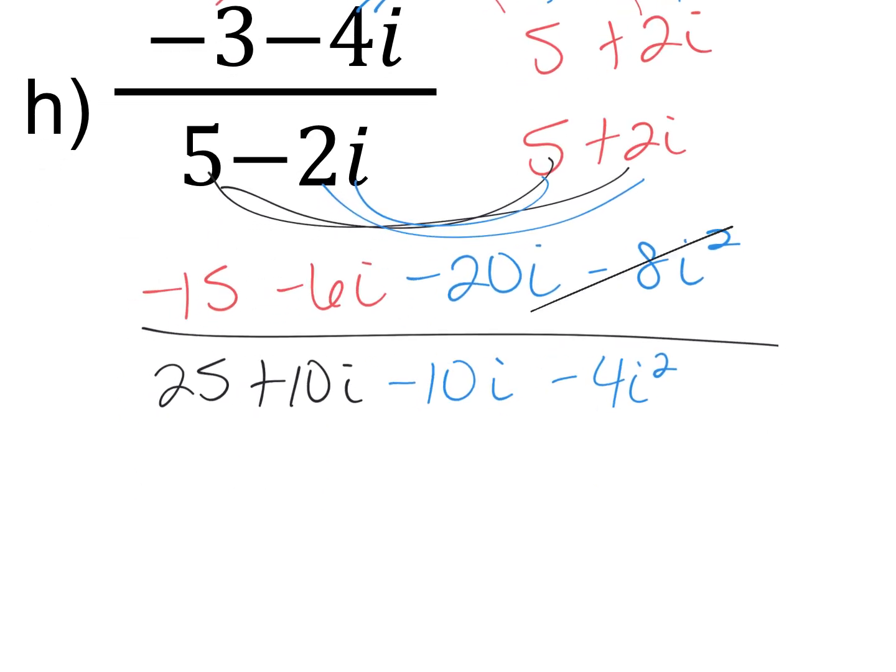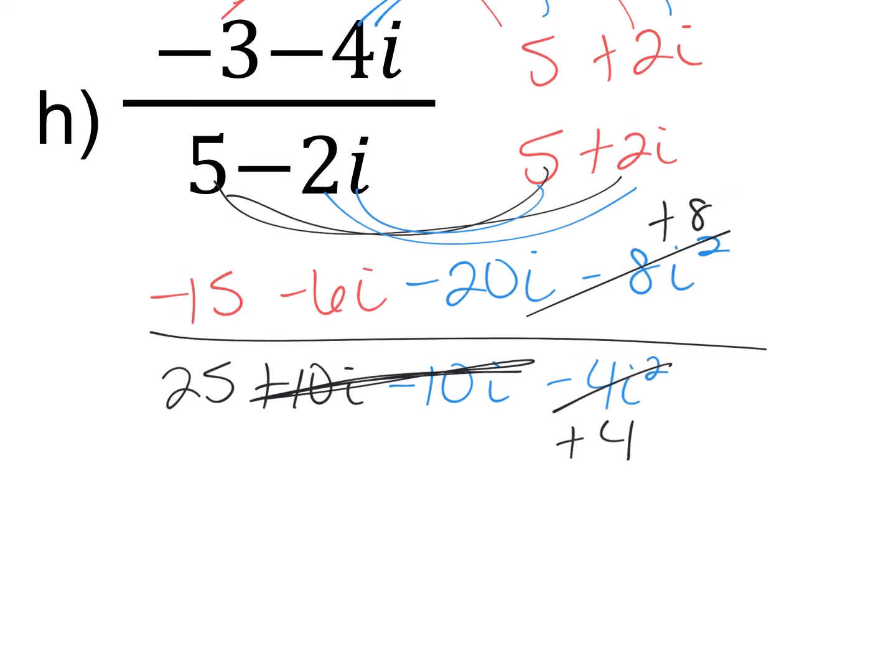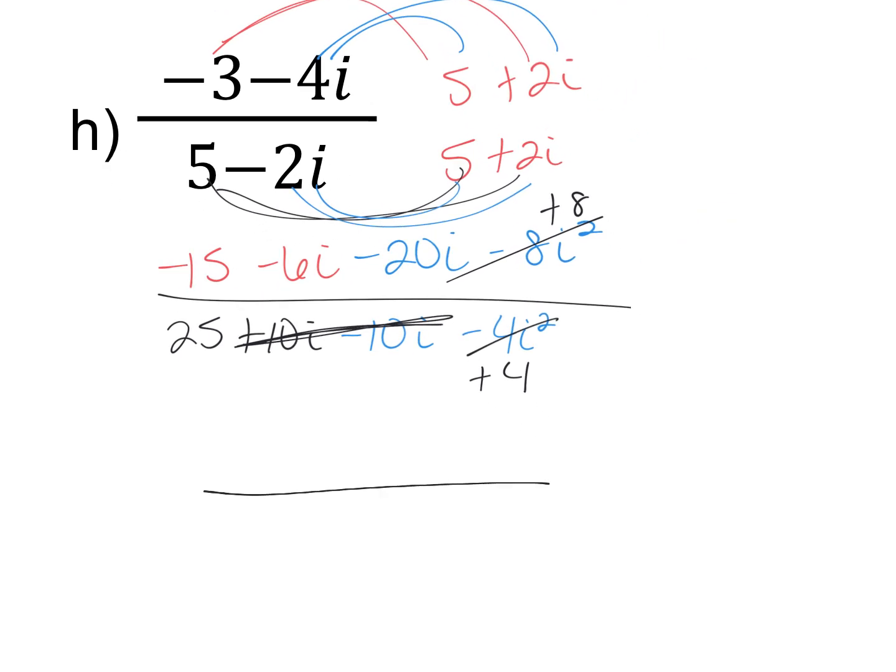Okay, clean it. So I got positive 8 right there, positive 4 right there, canceled there. Put it all together. Negative 15 plus 8 would just give me negative 7 minus 26i over 29.